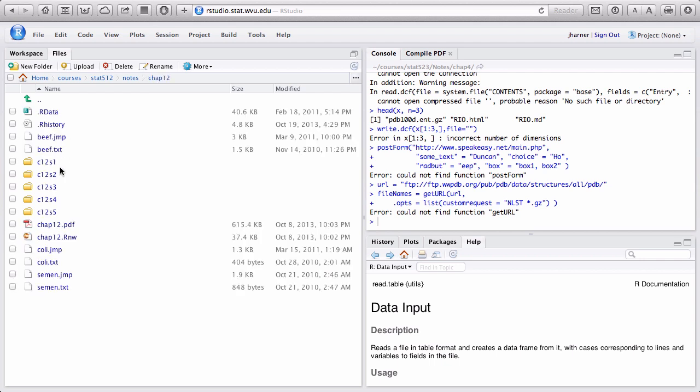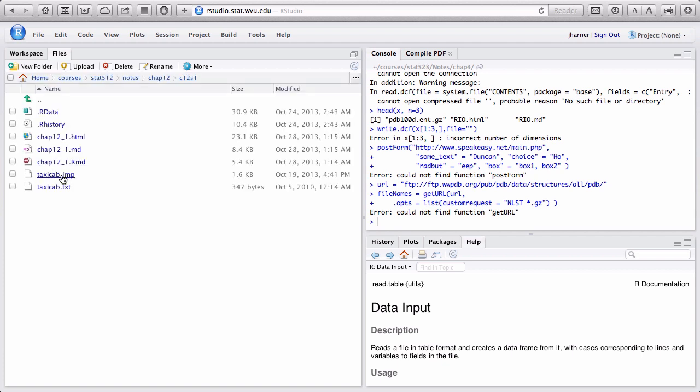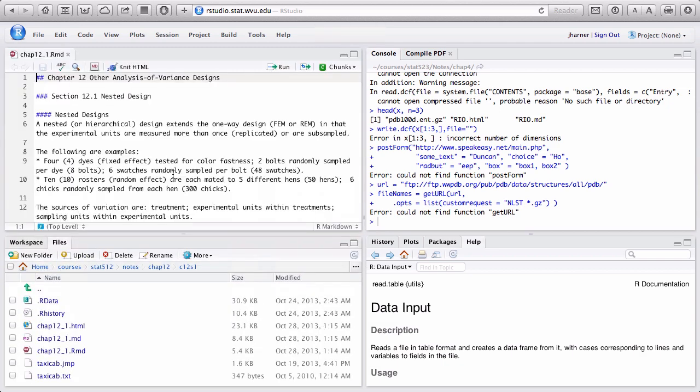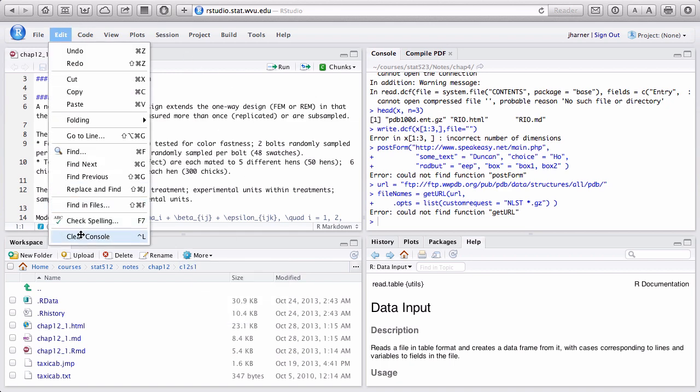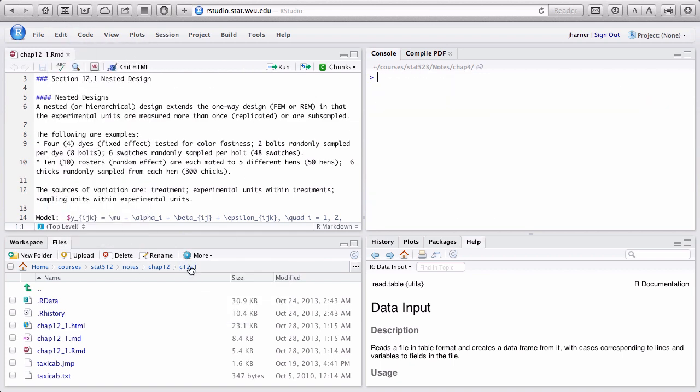So I just wanted to point out one thing about Section 1. Let me clear the console.